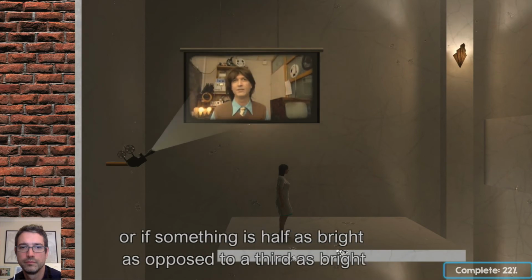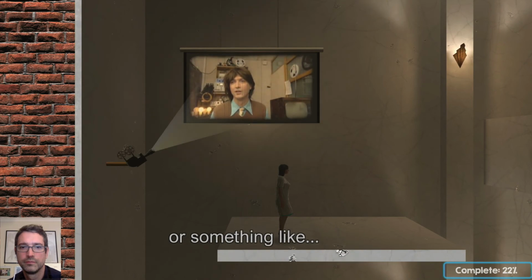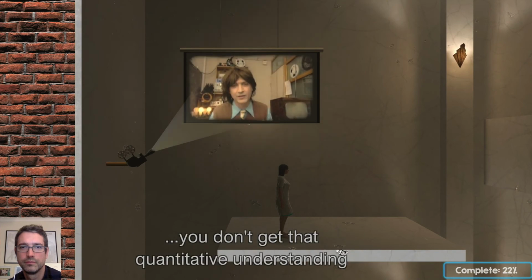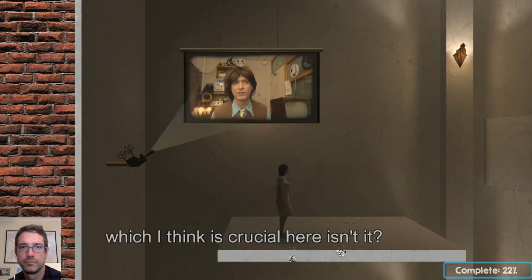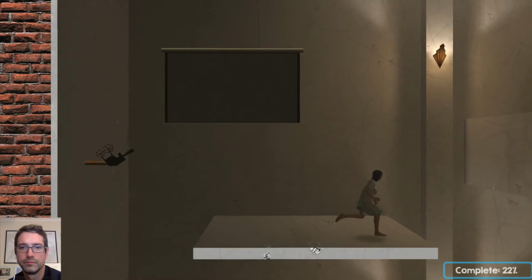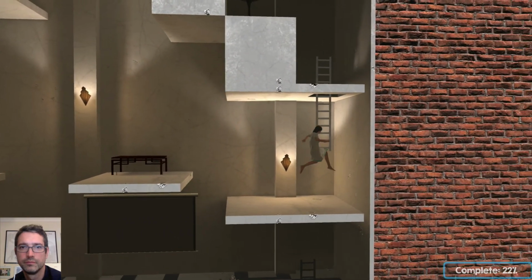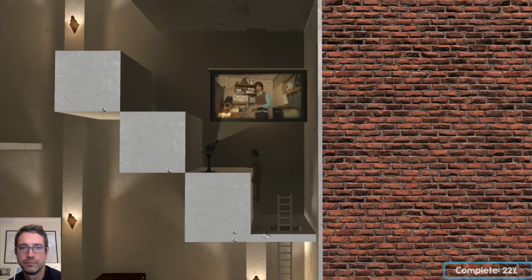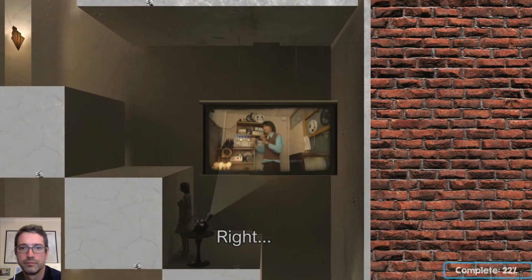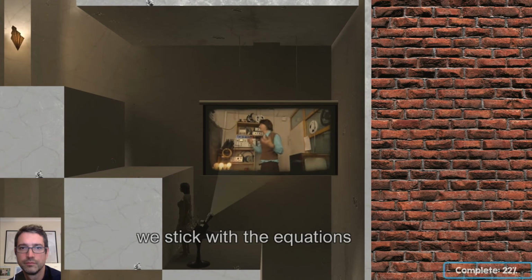Or if something is half as bright as opposed to 1/3 as bright. You don't get that quantitative understanding, which I think is crucial here, isn't it? Stick with the equations.